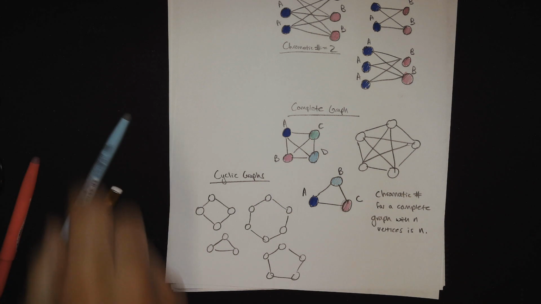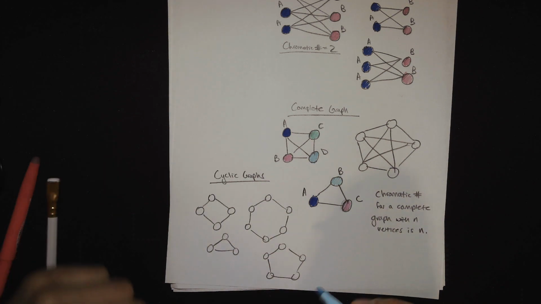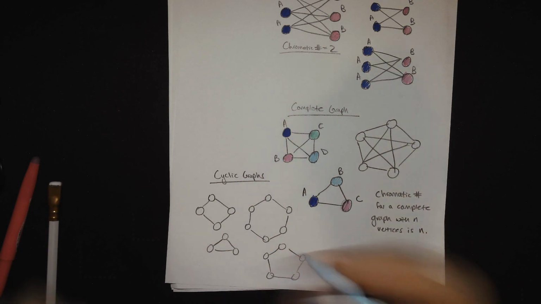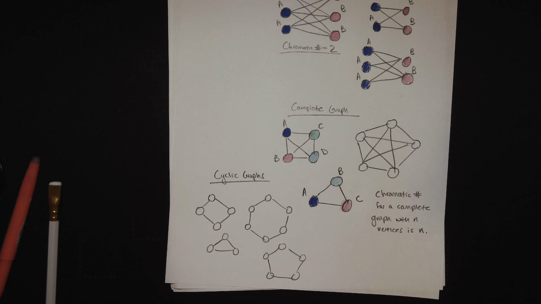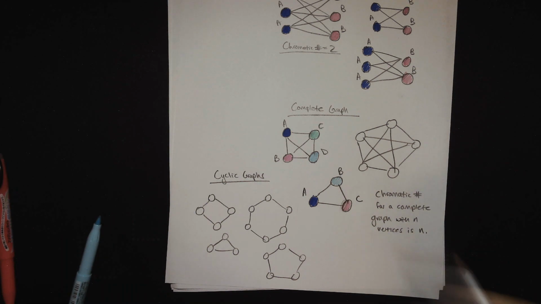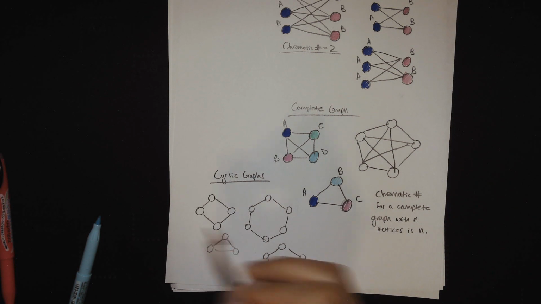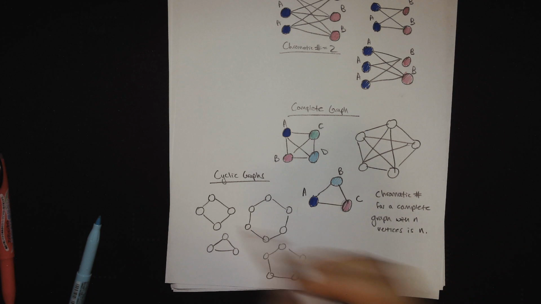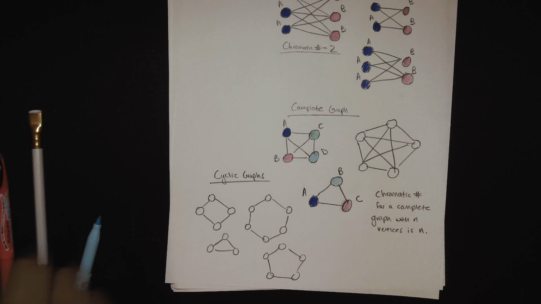Okay, so let's try and reason about the chromatic numbers of elements of this family. Is there a pattern in the chromatic numbers, just as there's a pattern for the appearance of these graphs? Well, let's see.